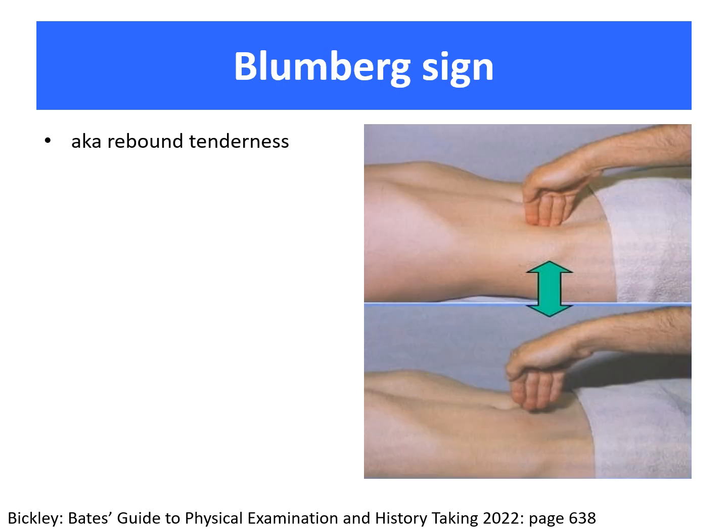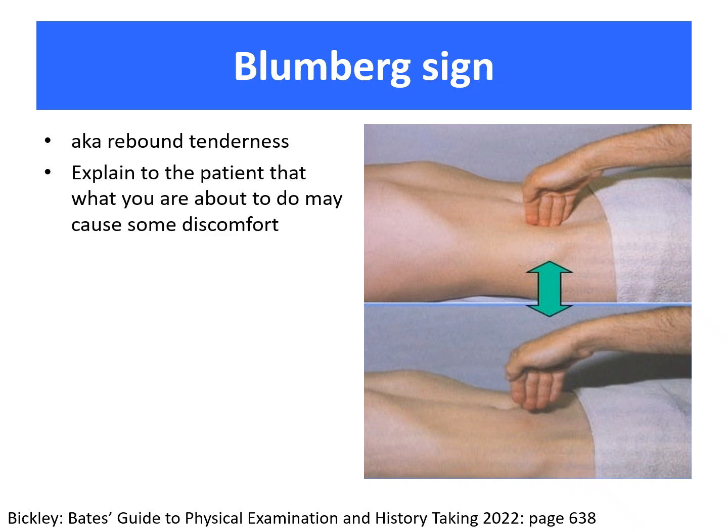Blumberg sign, which is also known as rebound tenderness, is a test for generalized peritonitis. In this particular sign, what you do is explain to the patient what you're about to do might cause some discomfort. So you warn them before, you get permission, and then you proceed to press furthest away from where the patient is complaining of pain.